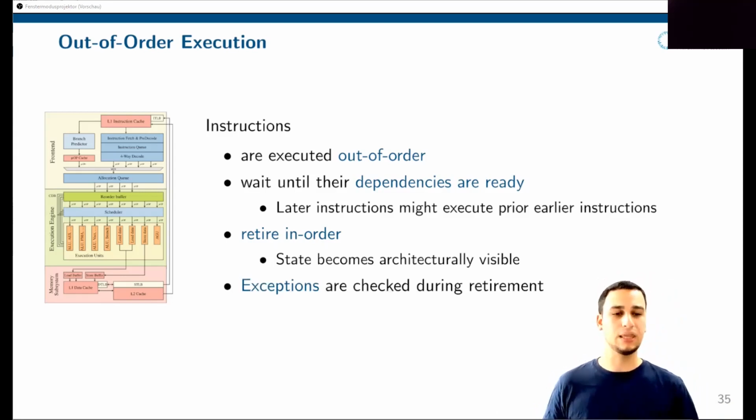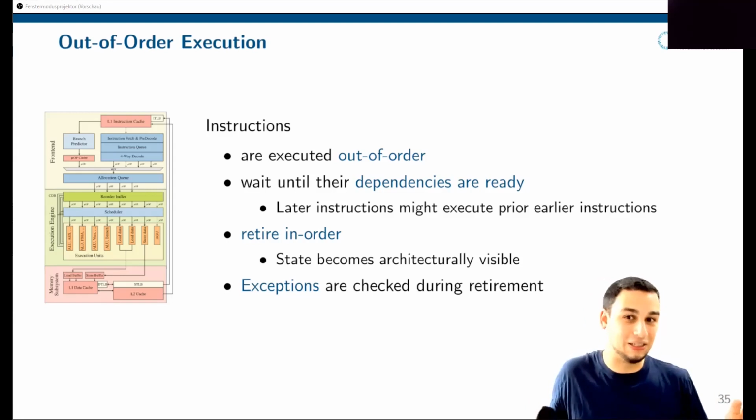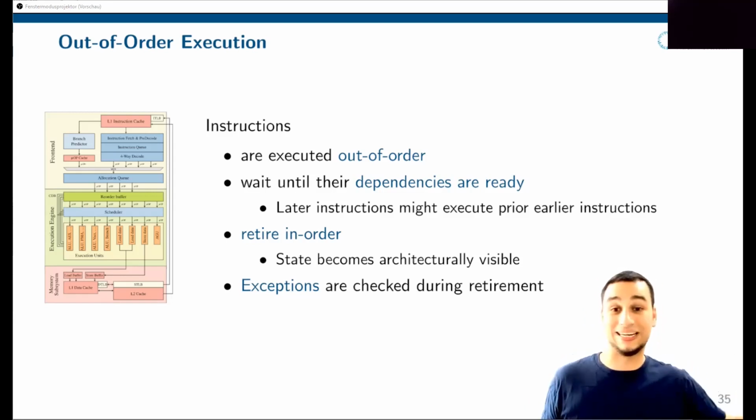Now we have one problem, and these are exceptions. If we execute out of order, and at some point we have an exception, then we can't really stop there, because for us as a programmer it should look as if this wasn't executed yet. If something throws an exception that is not even visible yet, that would be confusing and also broken.